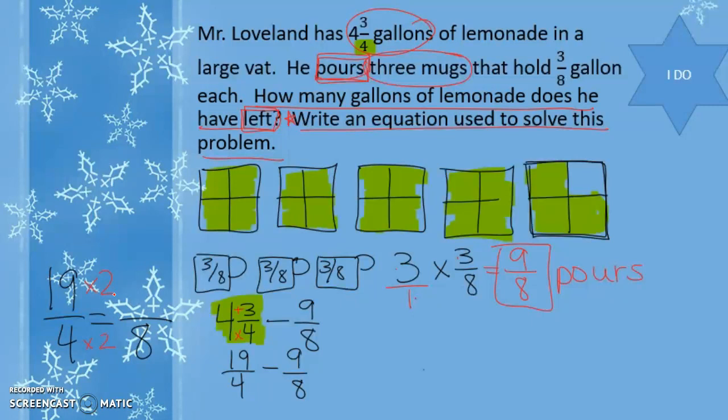Think about it. 10 plus 10 plus 18 is 38. Good. All right, so we have 38/8 minus 9/8 equals, you're right, 29/8. He has 29/8 lemonade left.